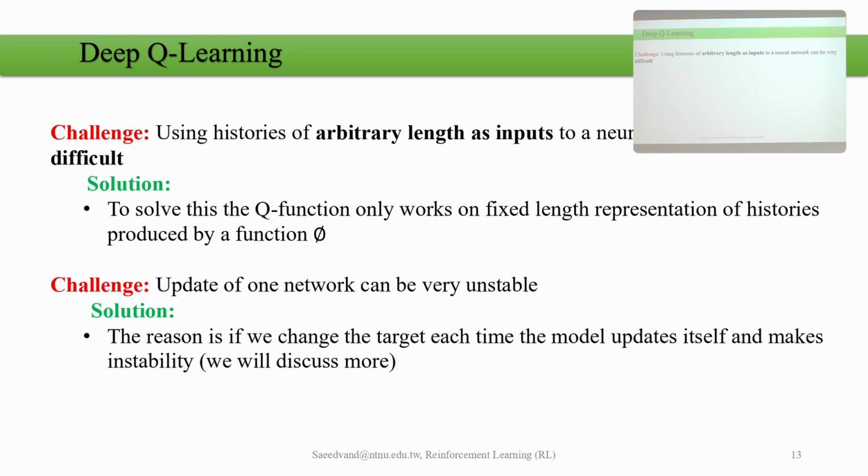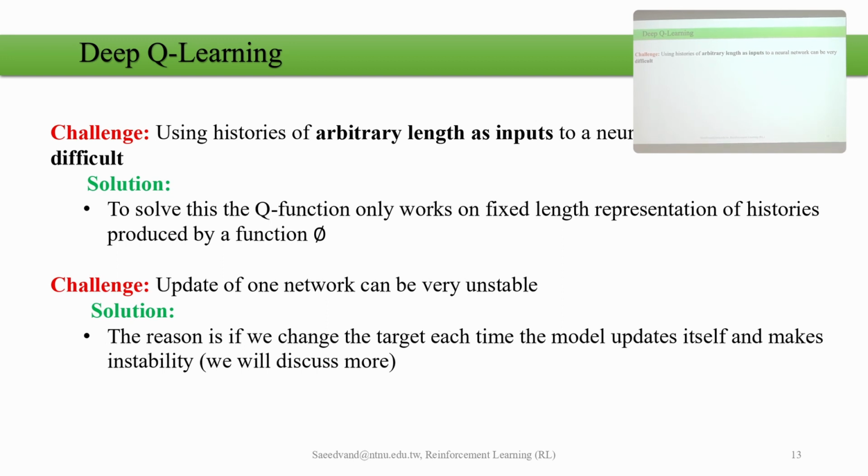We have a couple of challenges here. Let's first indicate the challenge and then answer it. First of all, using histories of arbitrary lengths as input to a neural network is very difficult. For example, if we consider an episode as input, it means my agent starts from here, moves, and one time finishes after 100 steps, another time finishes after 20 steps.